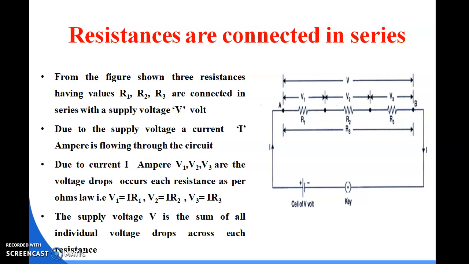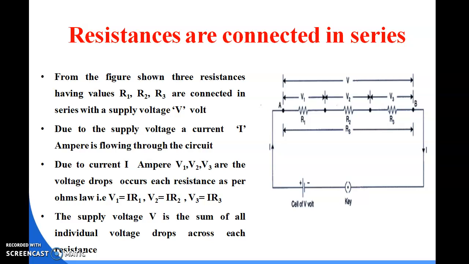Due to the current I, V1, V2, V3 are the voltage drops that occur across each resistance as per Ohm's law. That is V1 equal to IR1, V2 equal to IR2, V3 equal to IR3.